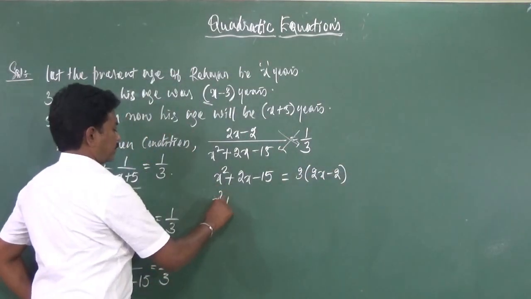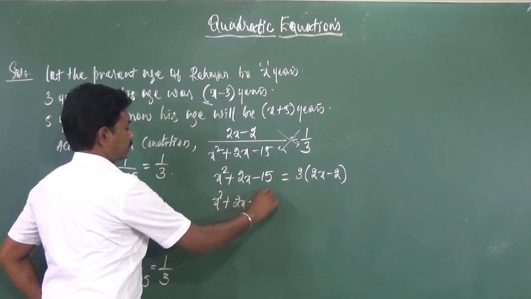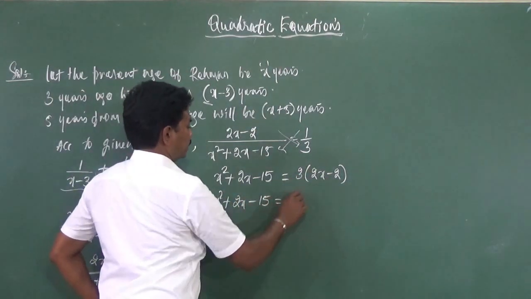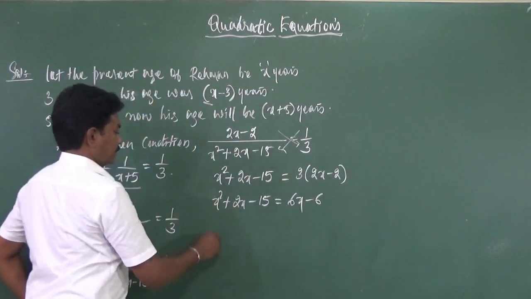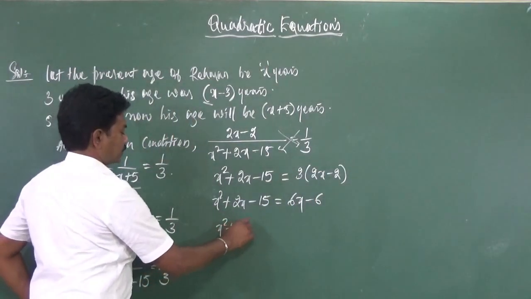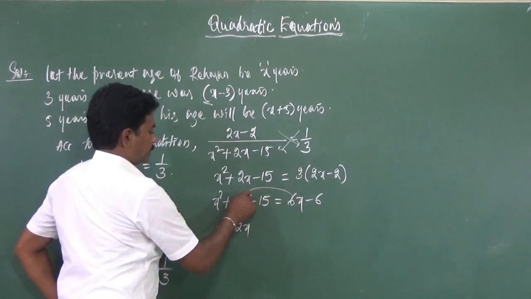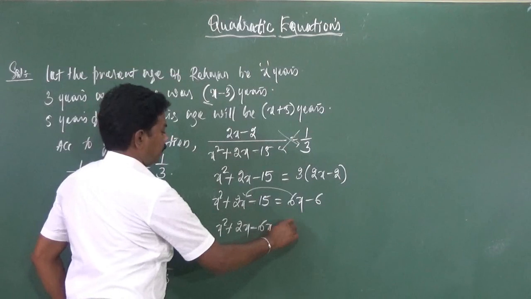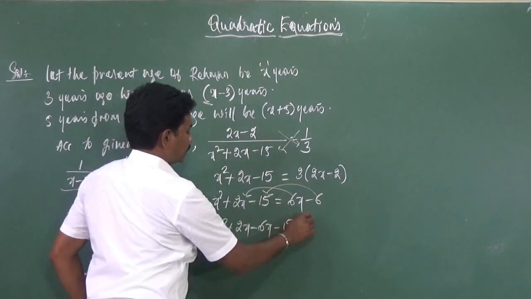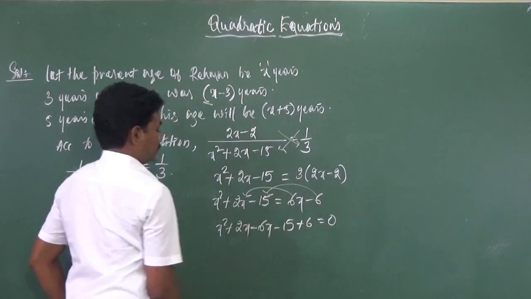So x square plus 2x minus 15 is equal to 3 into 2x is 6x, 3 into 2 is 6. So 6x gets transposed to the LHS, it becomes minus 6x, and the 6 gets transposed, it is minus 6, equal to 0.